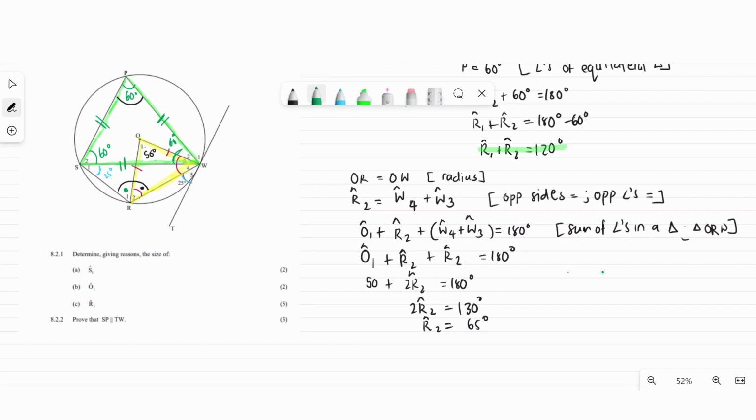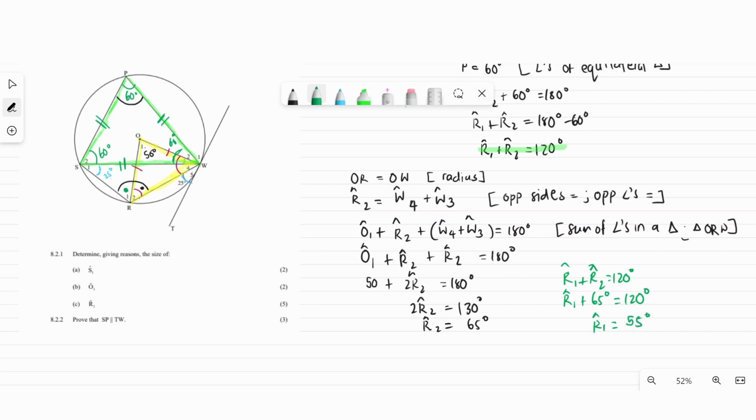I'm just going to write it here because I don't want to go up. We already have R2 because it's 65. Therefore, R1 plus 65 degrees is equal to 120 degrees. Take the 65 to the other side. Therefore, R1 is equal to 55 degrees.